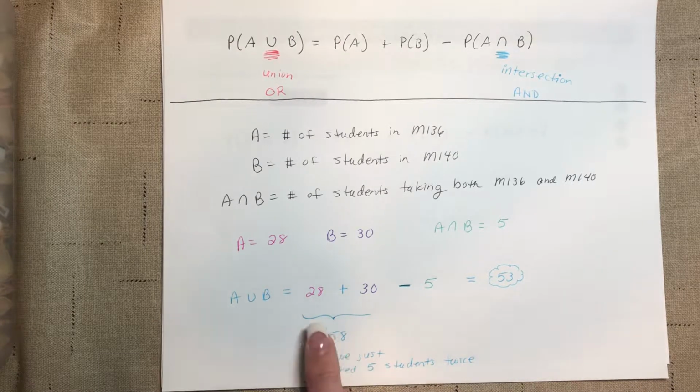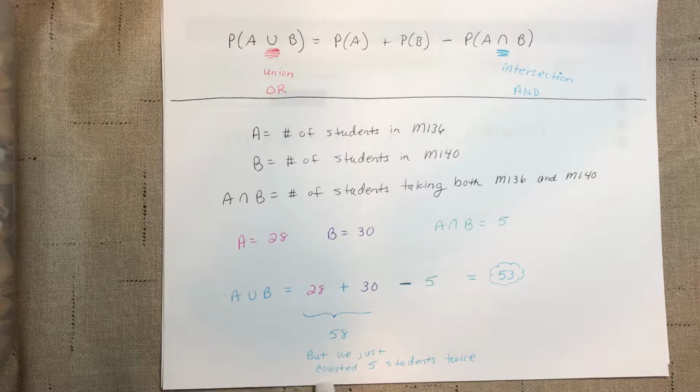However, when I added these two numbers together, I counted 5 of those students twice because I got 5 students here that are also there. You have to subtract out that overlap. So really, I only have 53 students that I'm dealing with. Yes, I still have to do 58 grades, but if I just said, how many students am I teaching as individuals, I've got 53 students.